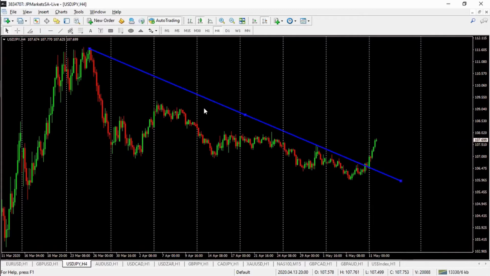So now we're gonna look for structures where there might be possible reactions. First of all, this structure here was broken to the upside, so what we're gonna look for is a pullback to come and retest the structure.